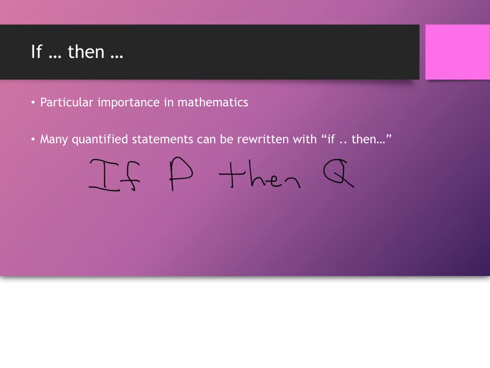But we're saying that if we know P is true, then Q has to be true. So if the first part is true, then the second part has to be true. And a lot of mathematical logic is written this way. In particular, we lead from one result, which is P, to a different result that's Q. And then maybe you go from Q to an R, and then an R to an S. And so you go through step by step until you can say, we started with these assumptions, and we showed this last thing has to be true.